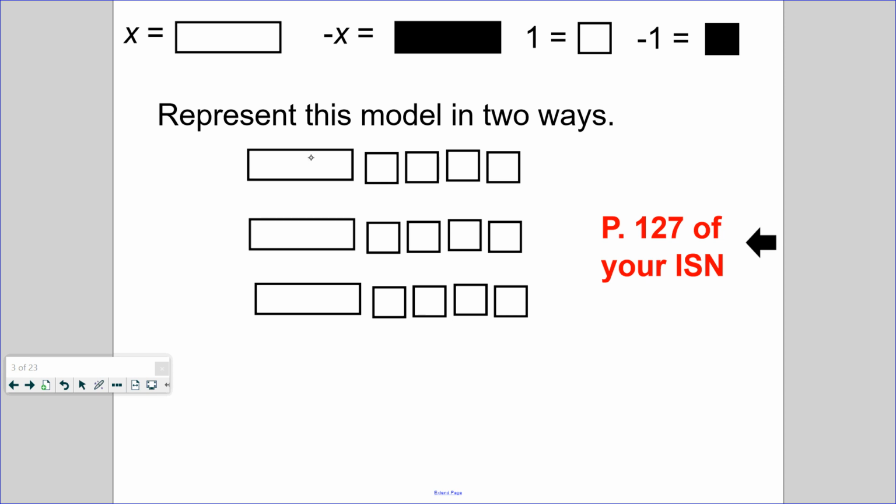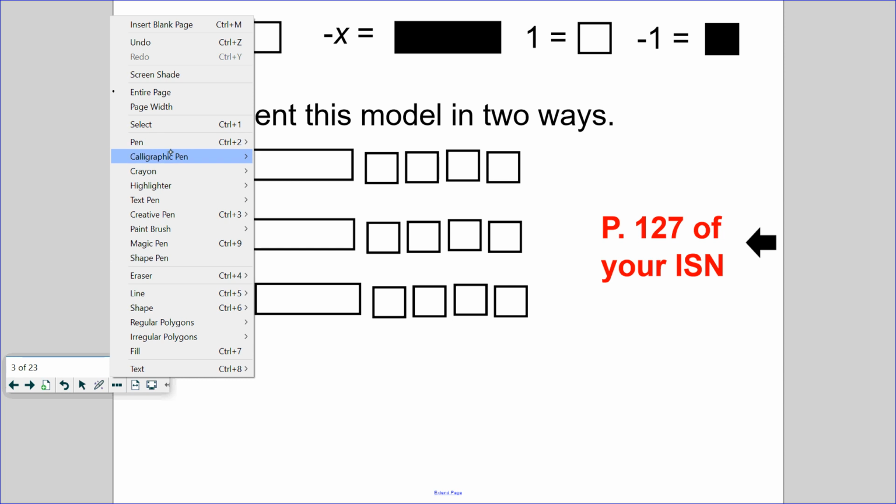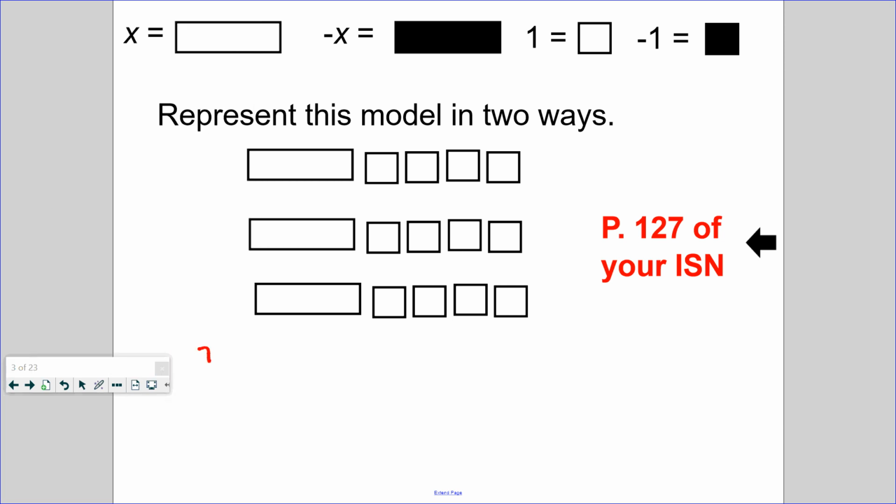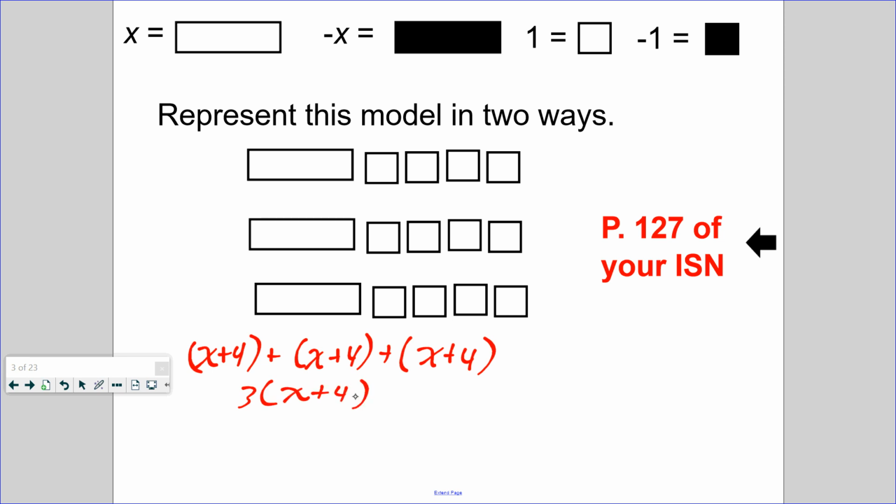So let's see. I see x plus 4, plus another group of x plus 4, plus another group of x plus 4. I see 3 groups of x plus 4.